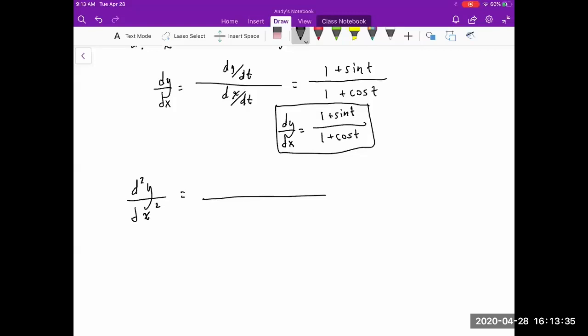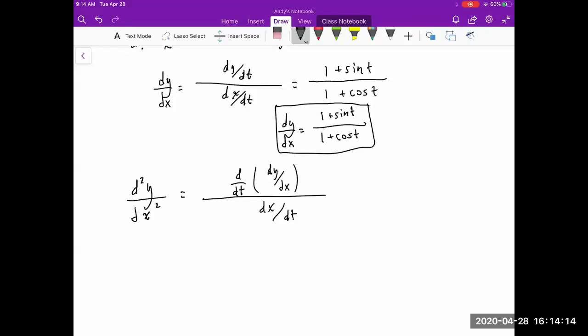So for d squared, for the second derivative, it is going to be the derivative of the top over dt, with respect to t, and then dividing this by dx dt. You know what? Actually, I made a mistake. This inside should be the derivative dy over dx. There we go. That sounds a little better.